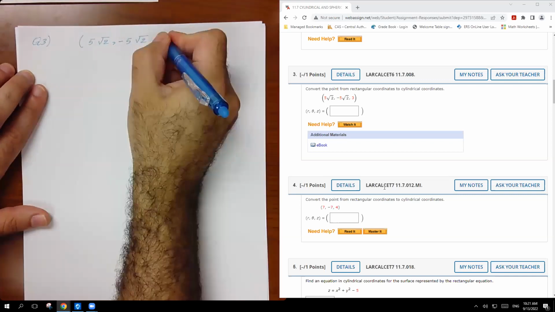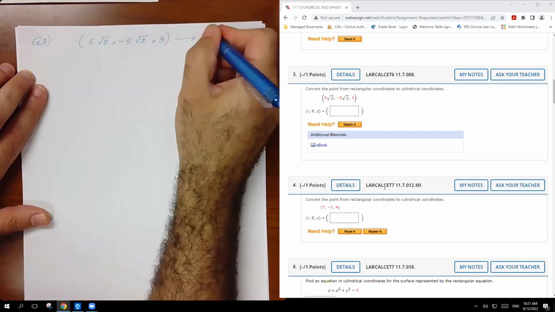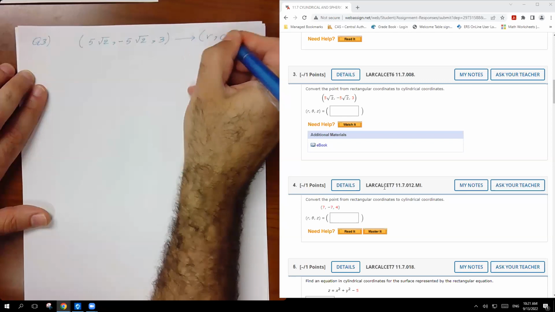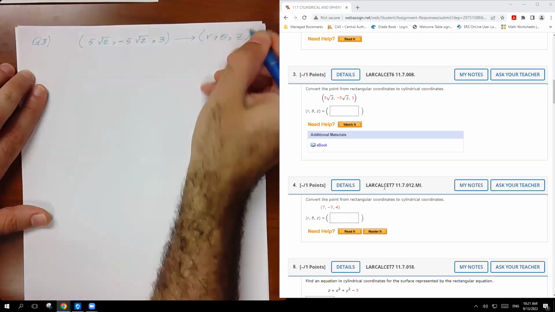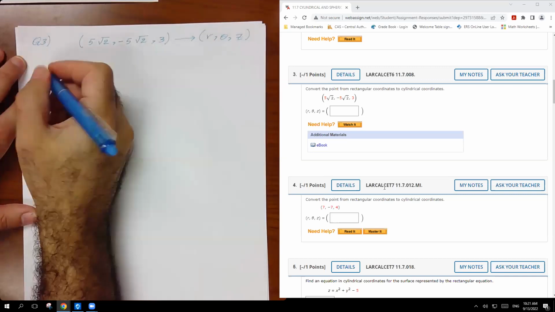We need to convert from rectangular to cylindrical coordinates. That means we need to find the radius, the theta, and z. The z is going to be the same thing, but we need to find r and theta.